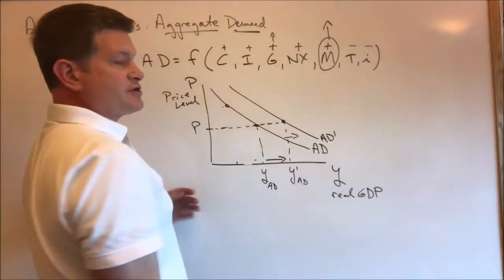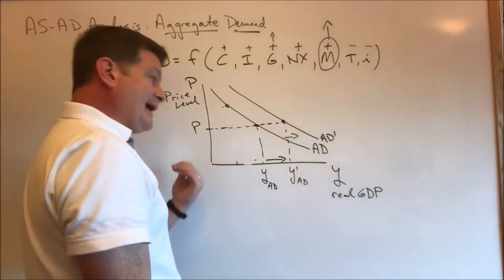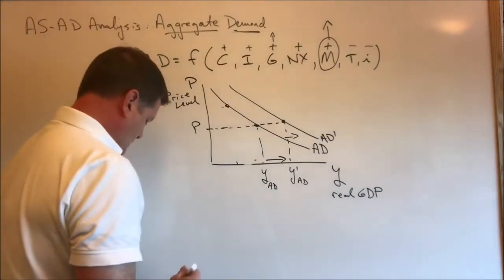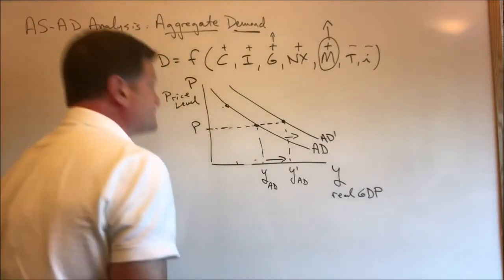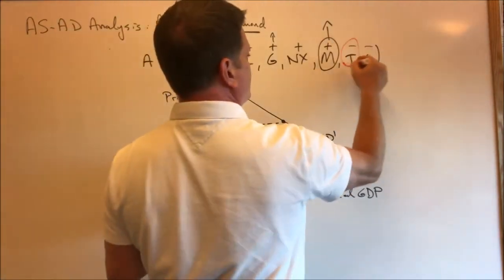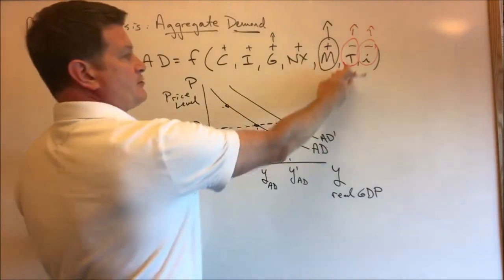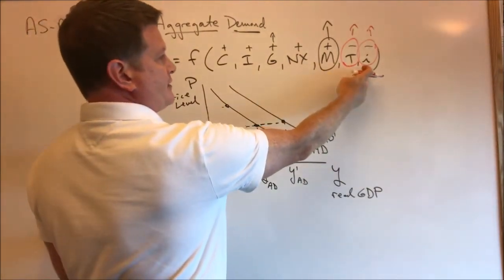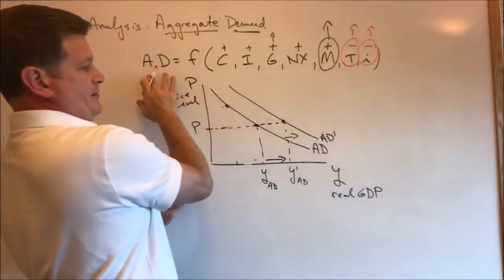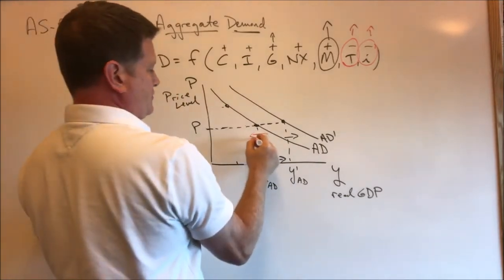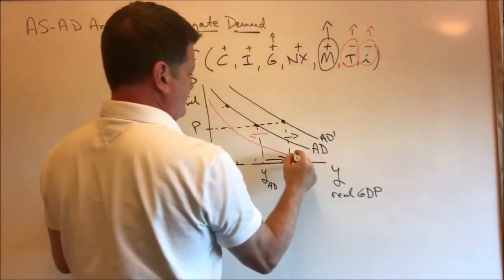The things that are going to shift aggregate demand to the left are if we get an increase in either of these things. Increasing taxes or increasing interest rates will lower aggregate demand, shifting the curve to the left.